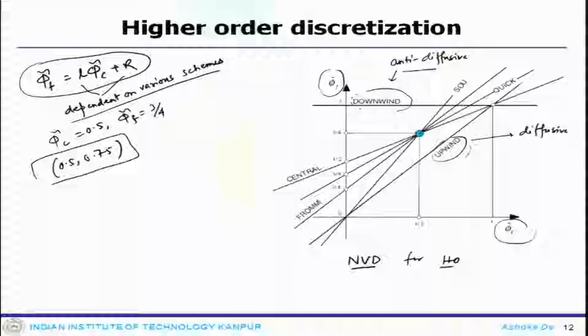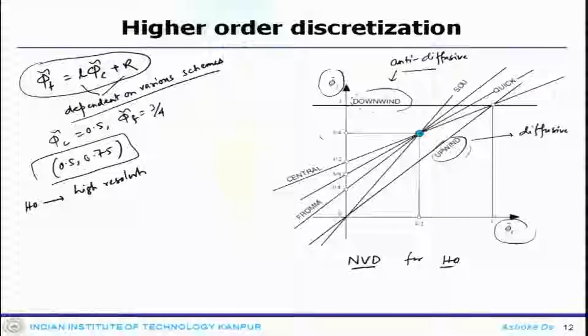Any other scheme which passes through this point will be at least second order accurate, and on top of that, if it also passes through 0.75, it will become a third order accurate scheme.